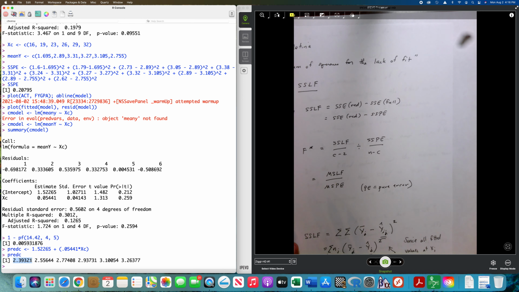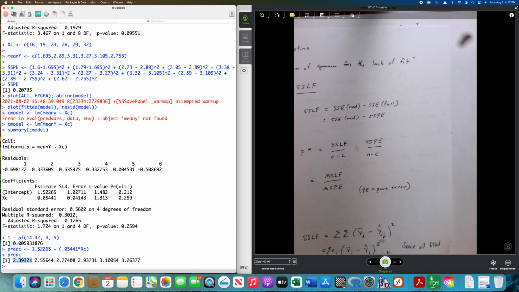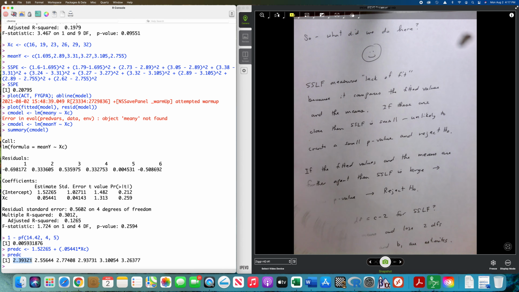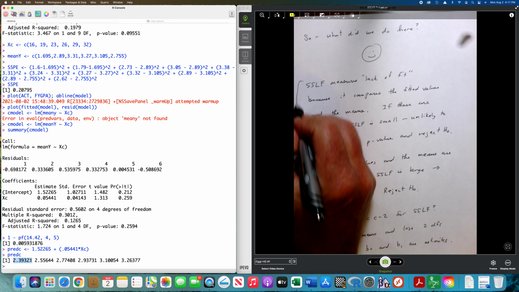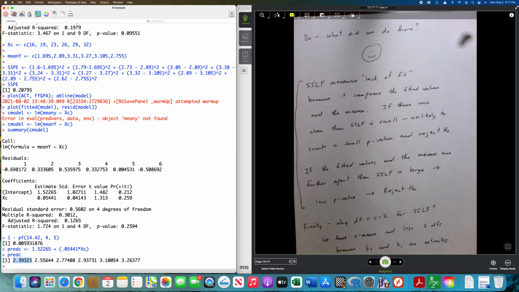And in this context, that is strong evidence against a linear relationship being the appropriate model to describe what's going on between x and y, in this case, ACT and first-year GPA. All right, so that's really what's going on. That's kind of what I just wrote out right here, so you can take a screenshot if you like.